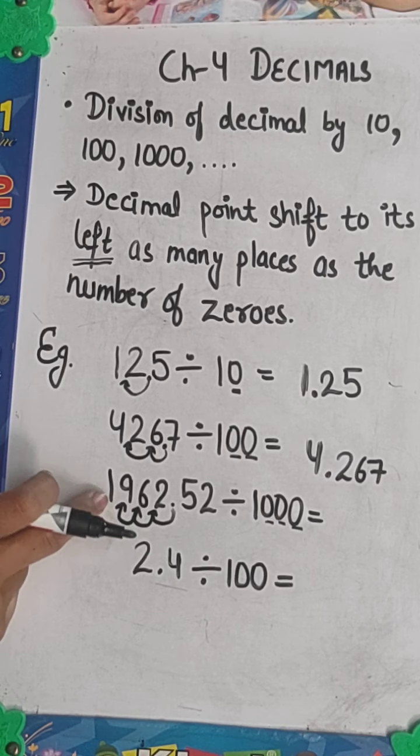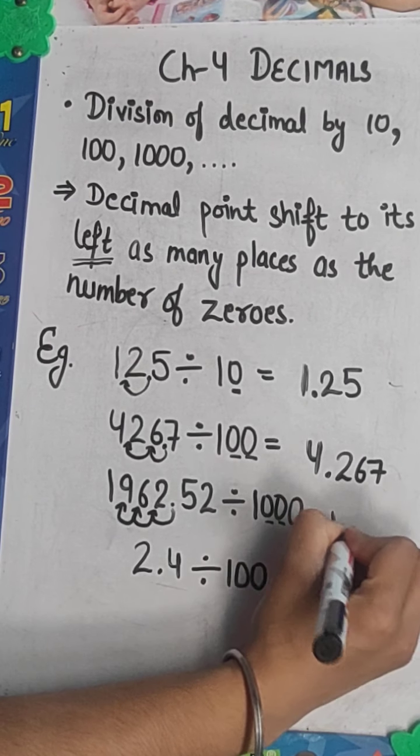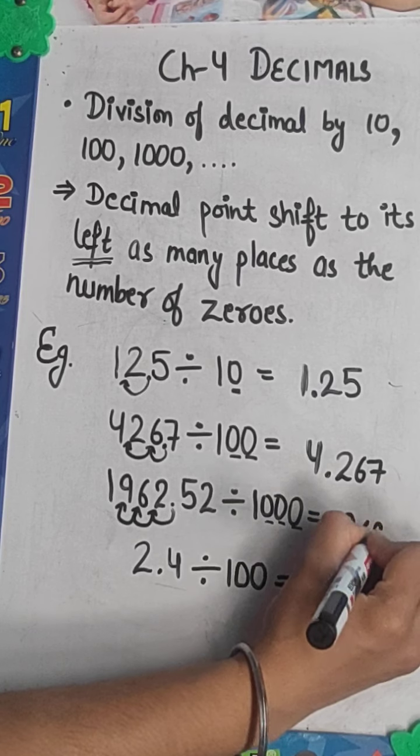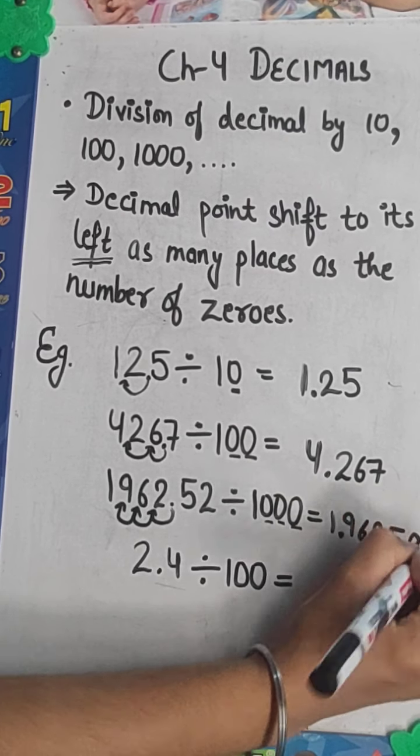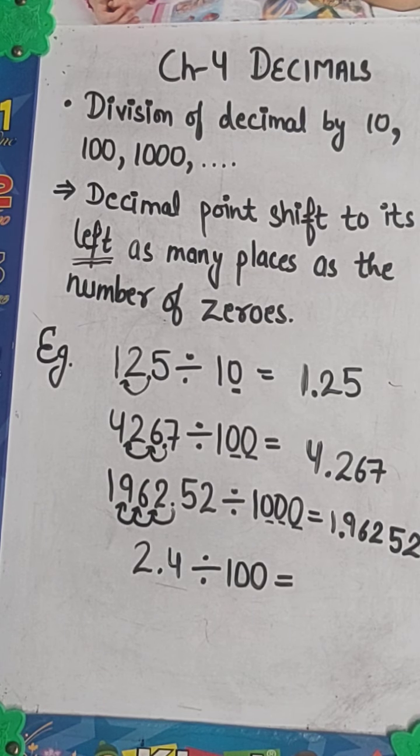So the decimal will come after 1. So it will be written as 1.96252. The number remains as it is. जो number है वो same रहेगा. Number remains the same. Only the decimal will shift toward the left according to the number of zeros.